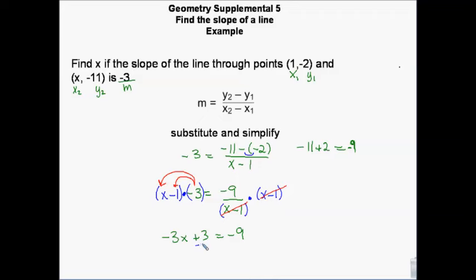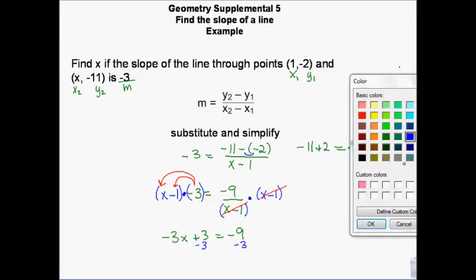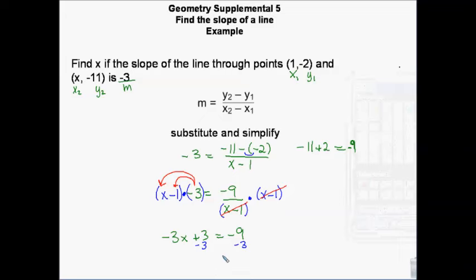I subtract 3 from both sides. And I get -3x is equal to -12, because -9 and -3 is -12. Then I'm going to divide both sides by -3.